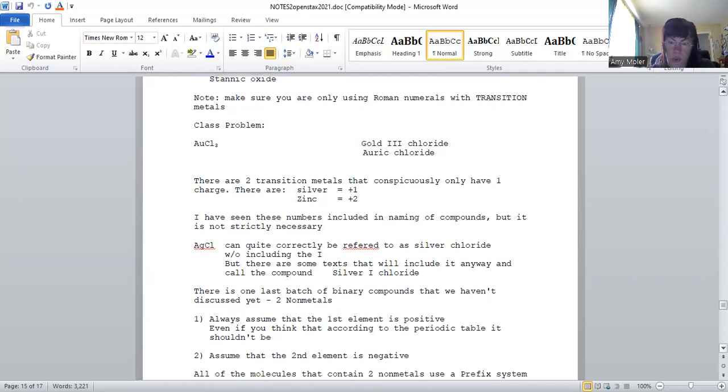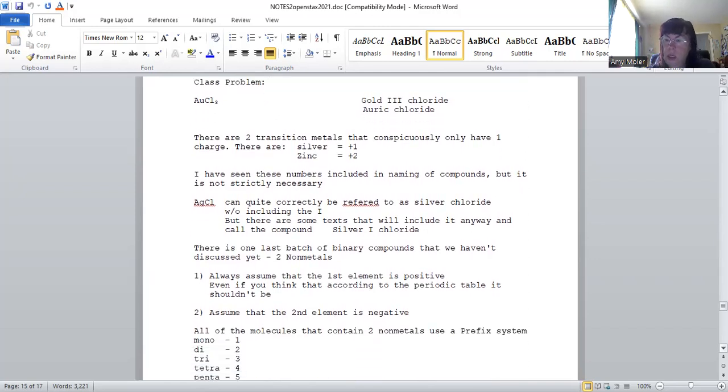There are 2 transition metals in the bunch that do not have an either-or. Those are silver and zinc. Silver is always and forever +1. There is no other option. Zinc is always and forever +2.